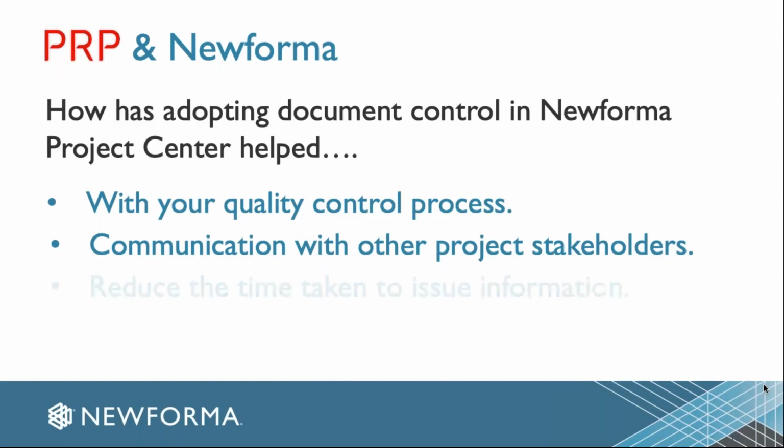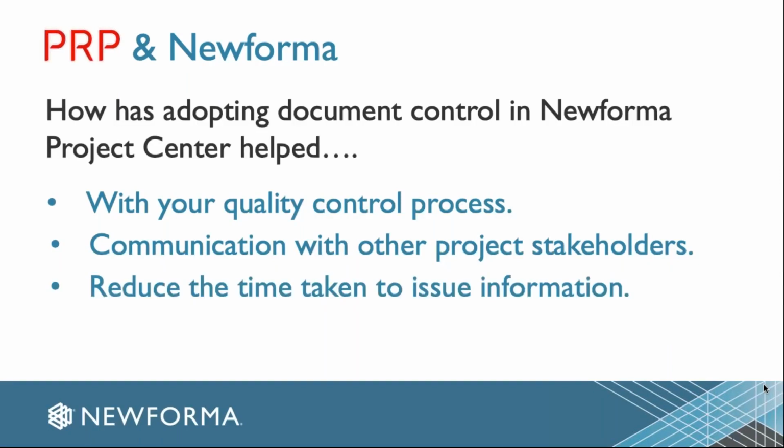Thank you. And also, how has it reduced the time taken to issue information? Yeah, it's just reduced the number of steps, the number of bits of software that you have to open. So, the old way, we've got Revit, maybe a third-party software to create our PDFs. Then you've got Excel. Whereas now you've just got Revit, and then you open up Newformer and it's all there.